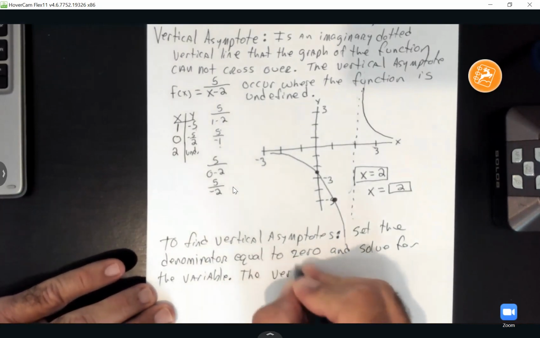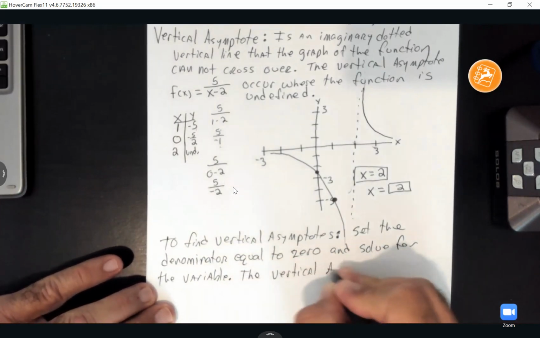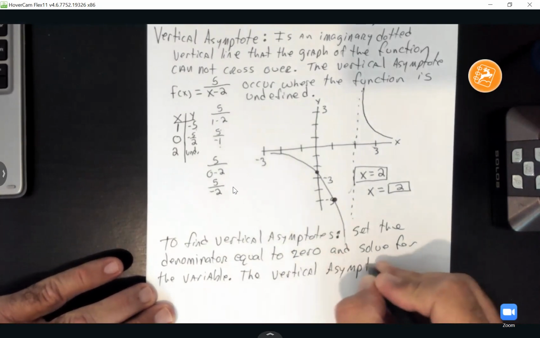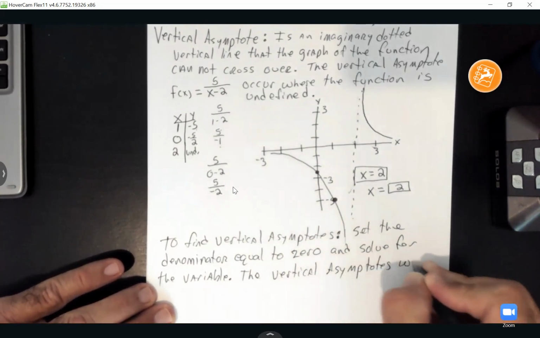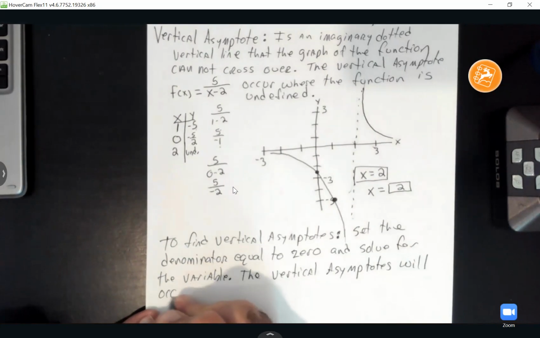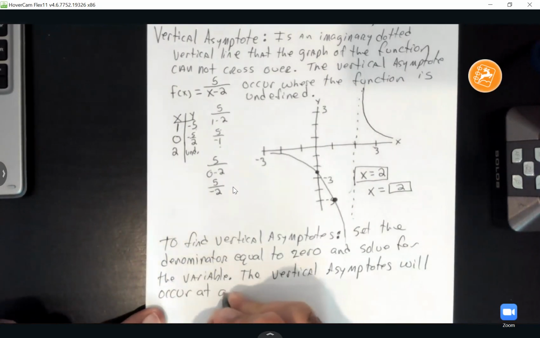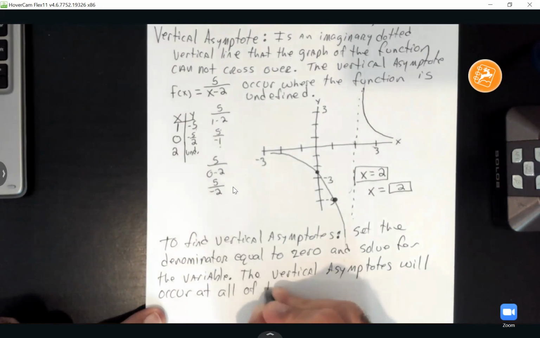The vertical asymptotes will occur at all of the solutions we get.